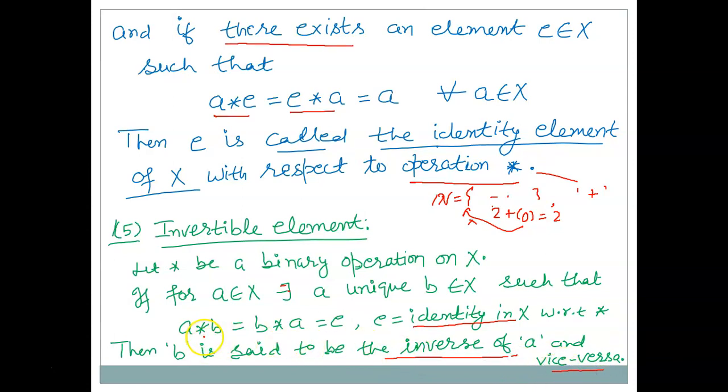B is the inverse of A and A is the inverse of B. If this situation occurs, then we say that the inverse of the element exists. One more thing to keep in mind: if the identity exists, it is unique for a set, and the inverse of each element must be checked, because different elements have different inverse elements.